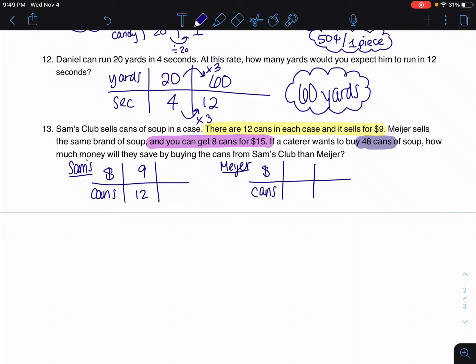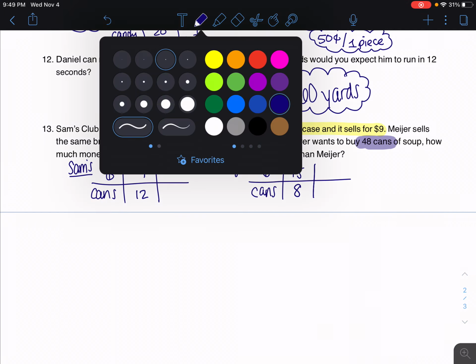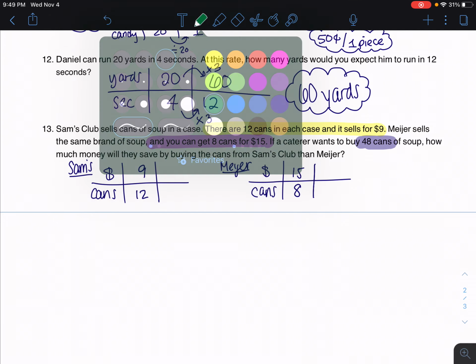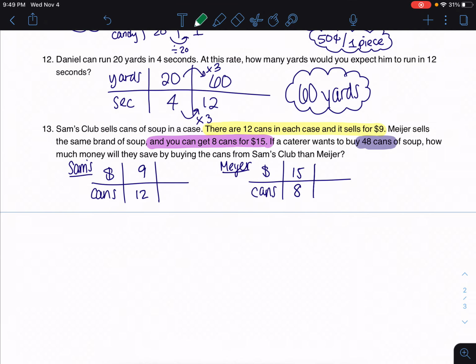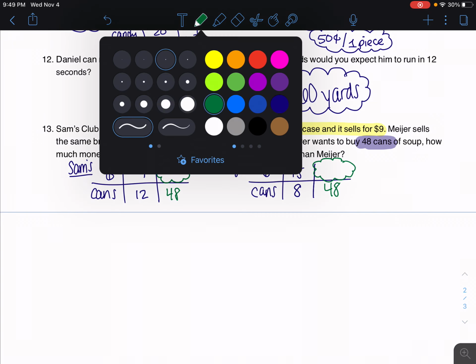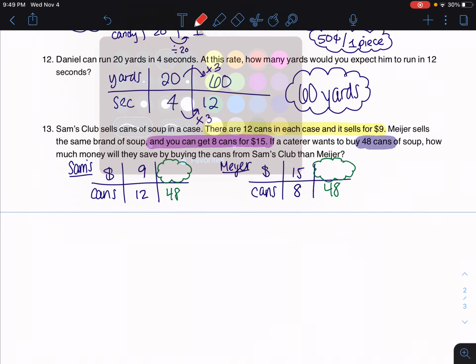At Meijer, it is 8 cans for $15. And the caterer wants to buy 48 cans. So that 48 is going to be the same in each table. And now I'm going to figure out what this missing number is right here, so that I can figure out how much money I saved at Sam's Club versus Meijer.